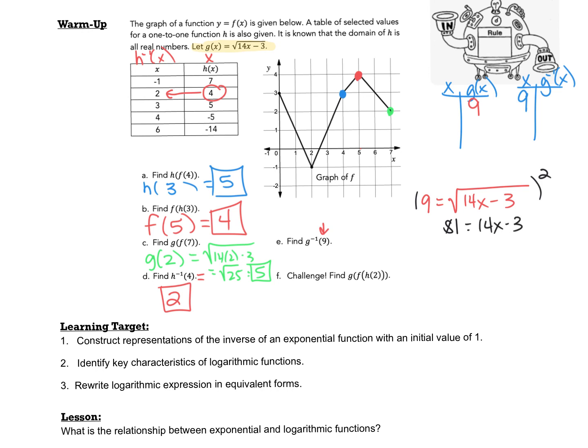Then what? Add 3, so I'd get 84 equals 14x. And to get my final x value, we would divide by 14. And so x is 6, and that's what I was looking for.